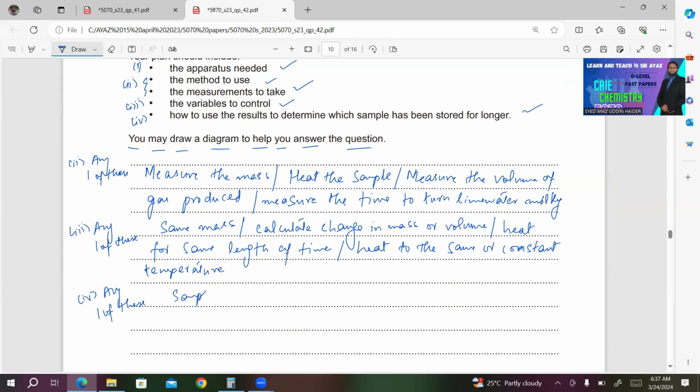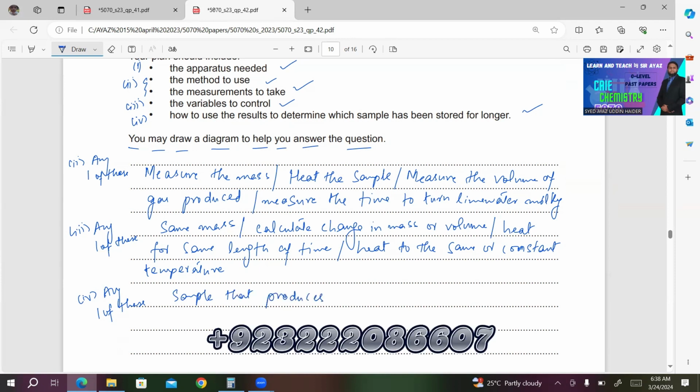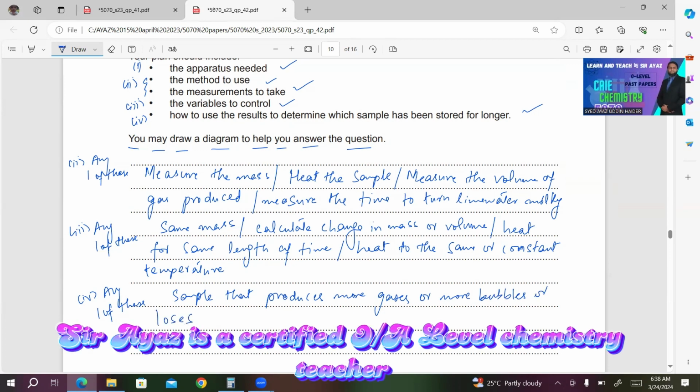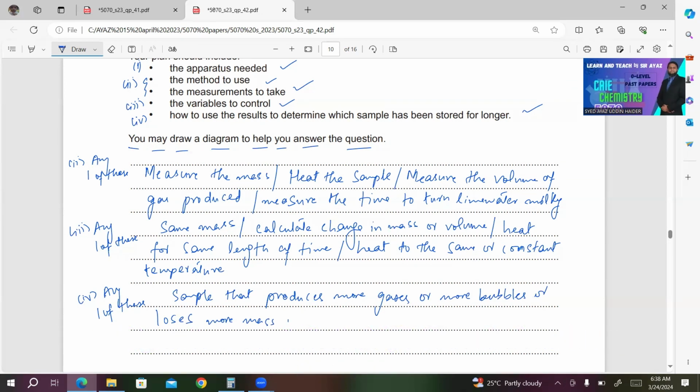The sample that produces more gas or more bubbles, or loses more mass, will take less time to turn lime water milky.